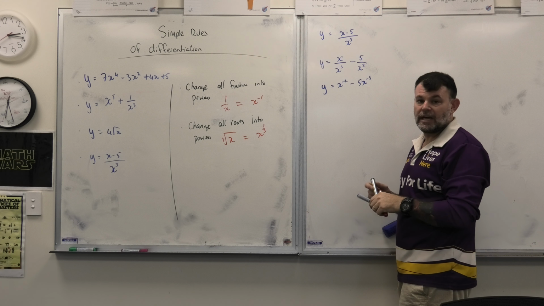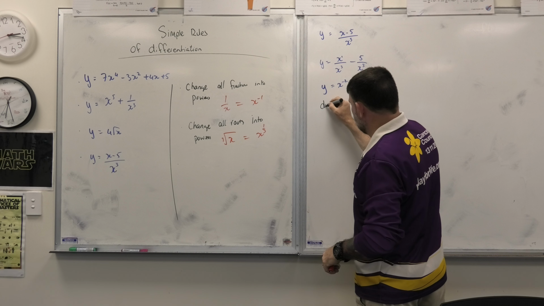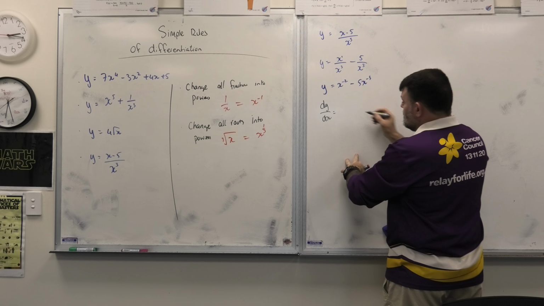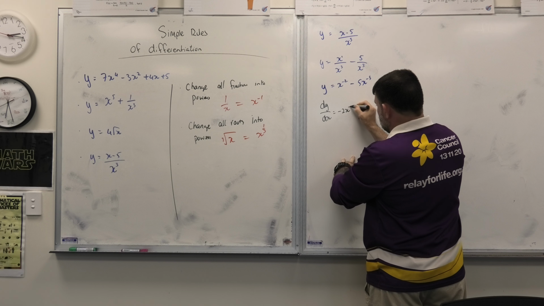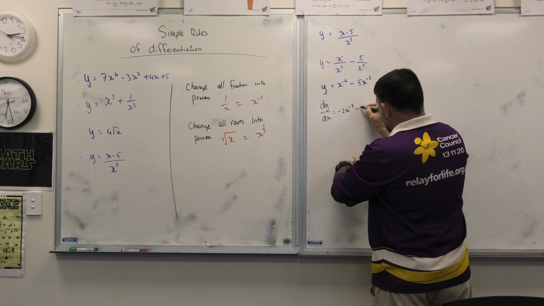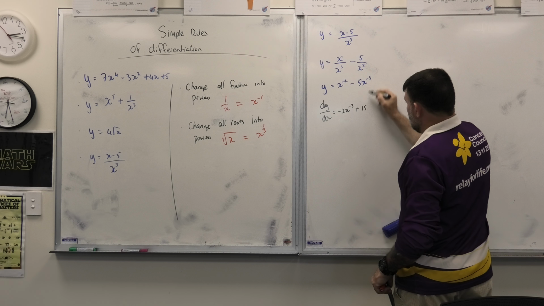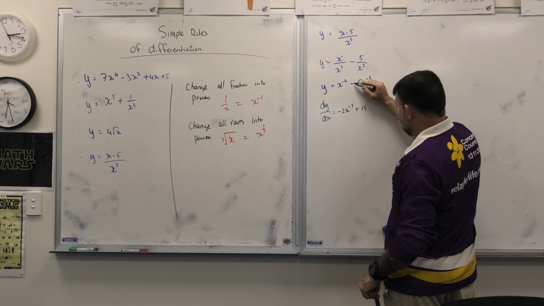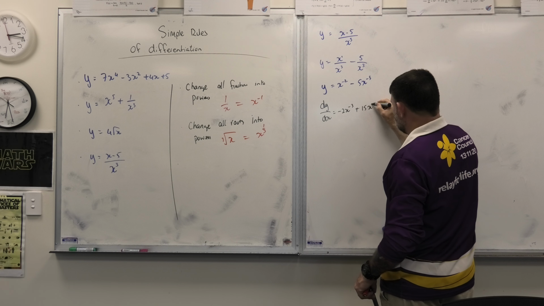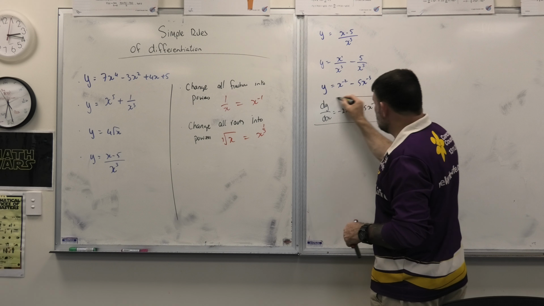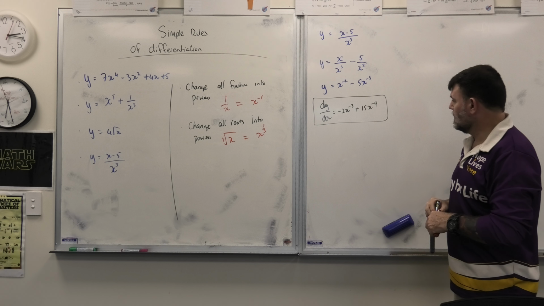Now I'm at a point where I can differentiate. So we differentiate, bring the negative out the front, so negative 2x to the negative 3. Plus, now remember, a negative times a negative is a plus, so negative 3 times negative 5 is positive 15, x to the negative 4. Again, the unsimplified version.